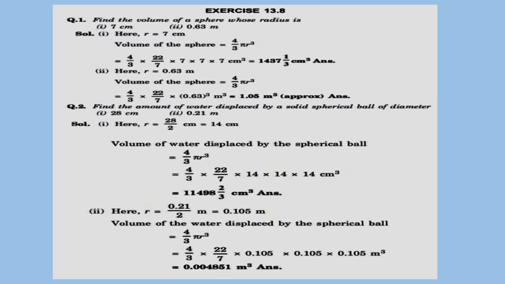Substitute the values of r, which is to be calculated as the diameter is given here, and then calculate the correct answer to get the amount of water displaced by the solid spherical ball. In the same way you have to calculate the second one for the diameter 0.21 meter.